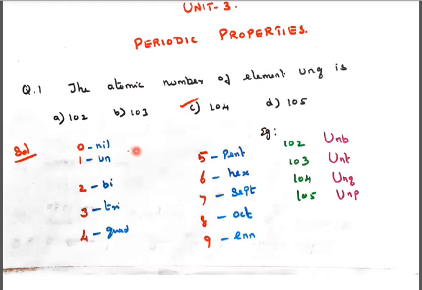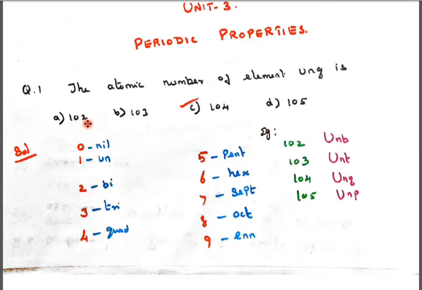Here is a short form to learn by heart: 0 is nil, 1 is un, 2 is bi, 3 is tri, 4 is quad, 5 is pent, 6 is hex, 7 is sept, 8 is oct, 9 is enn. Here in the question, 1 is un, 0 is nil and 2 is bi.